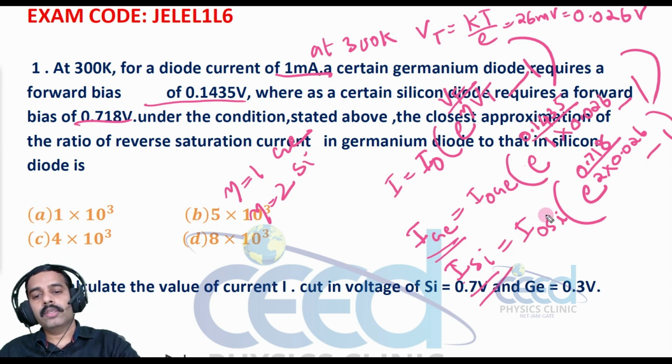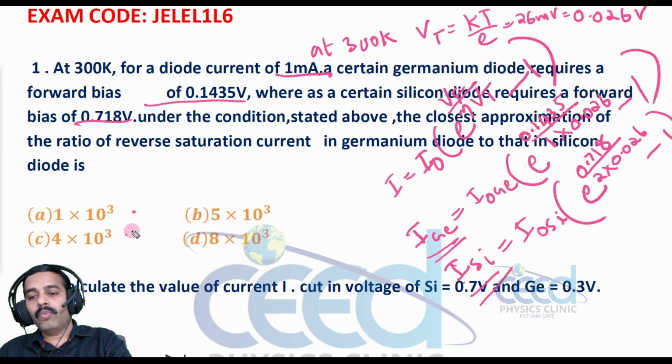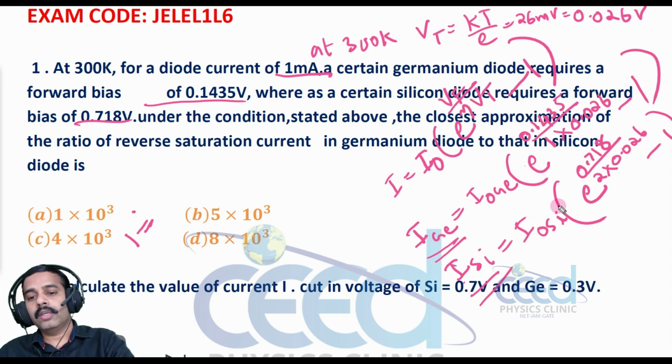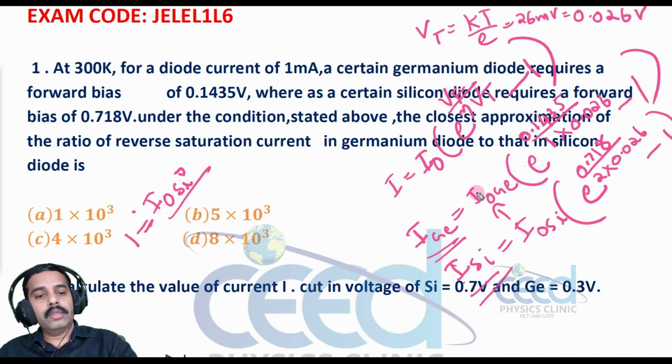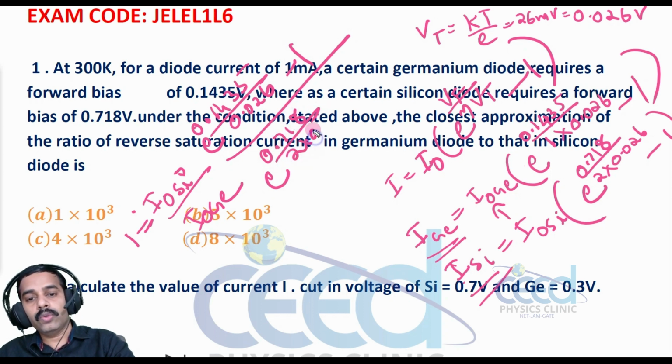So we can divide this by this. We require the ratio of the germanium diode to that of the silicon diode. So 1 is equal to I0 Si, the reverse saturation current in Si, divided by the reverse saturation current in germanium, multiplied by e raised to 0.1435 divided by 0.026, minus 1, divided by e raised to 0.718 divided by 2 into 0.026, minus 1.